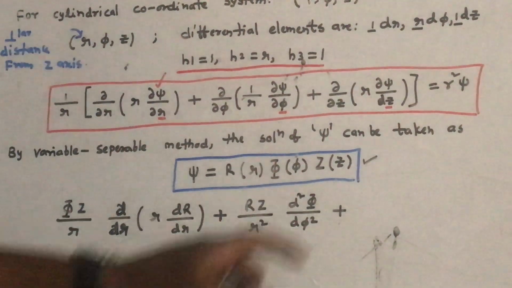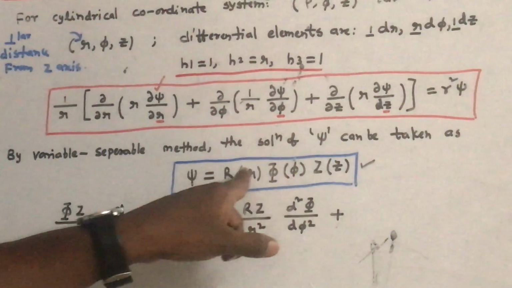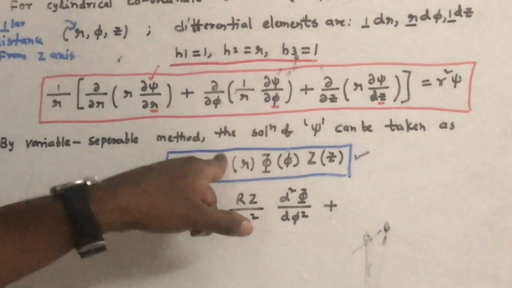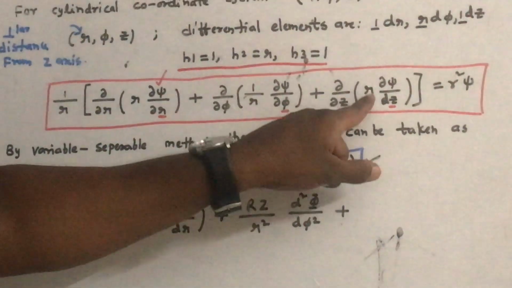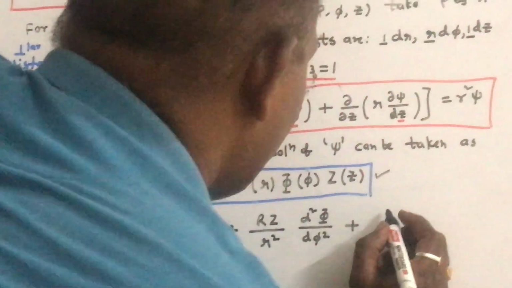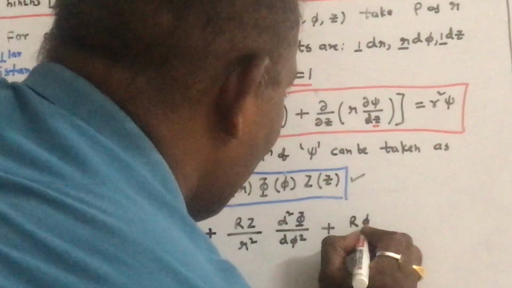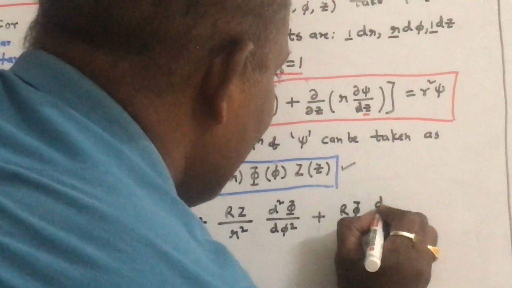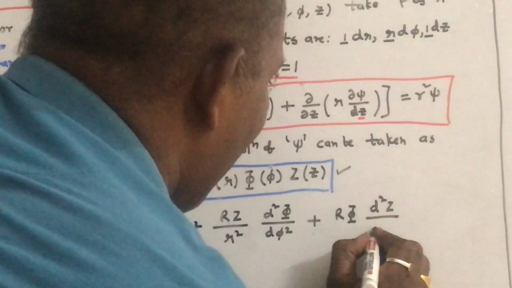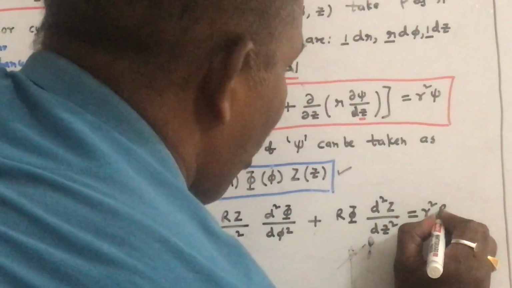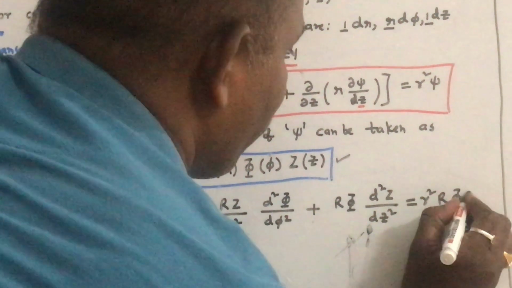If you substitute R Phi Z, then R Phi are constants, and this 1 by r and this 1 by r get cancelled out. Finally this is written as R Phi d square capital Z by dz square, equal to gamma square into R Phi Z.